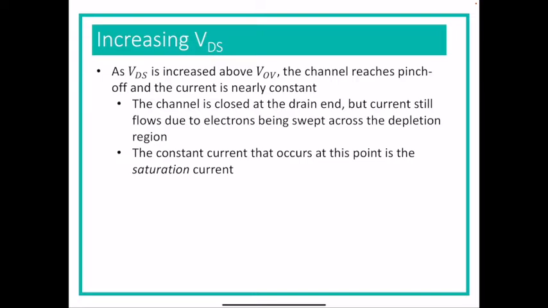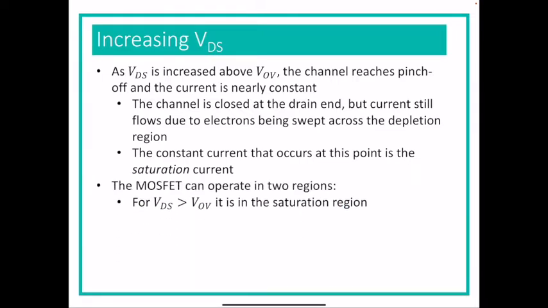The MOSFET actually works in two different areas of its operation. It can operate when VDS is above VOV, so it's above the overdrive voltage. That's in the saturation region. So that's just what we were talking around, where the drain to source voltage is such that the current is really going to stay constant, and if you increase VDS, it doesn't matter.